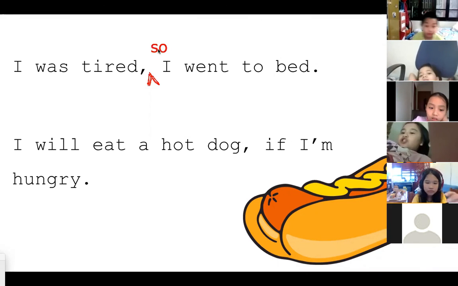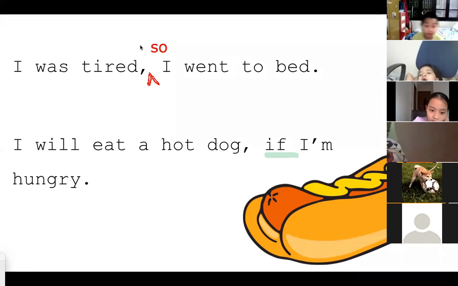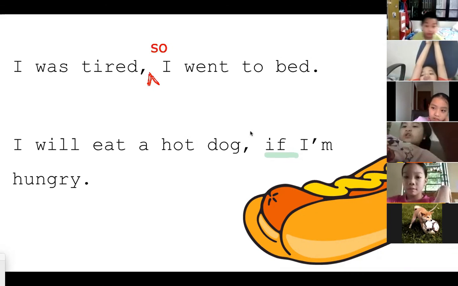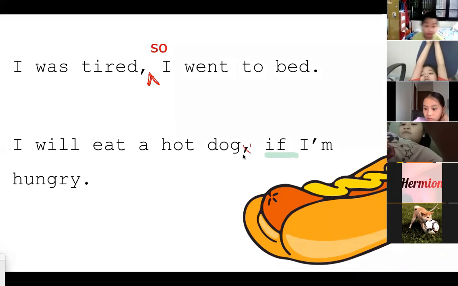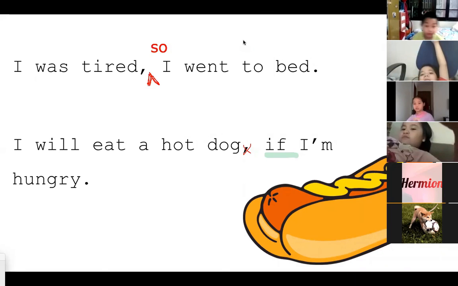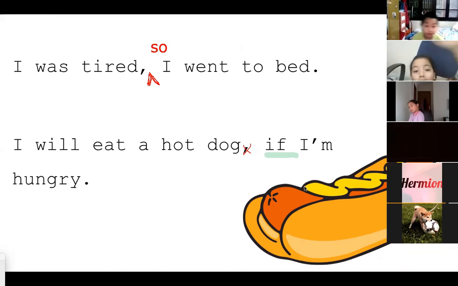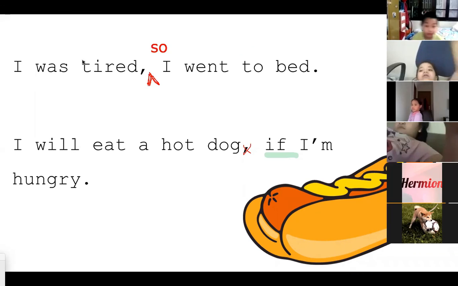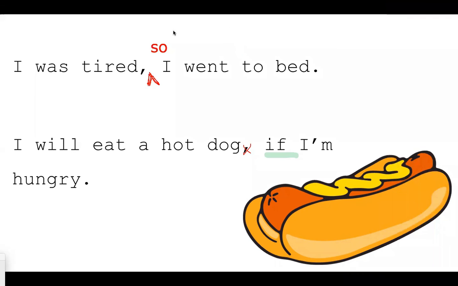Is that at the beginning, the middle, or the end of our sentence? The middle. It's in the middle. Do we need a comma? No. So what do we need to take away here? The comma. We need to remove our comma. We do not need it. I will eat a hot dog if I'm hungry. Right? So when our subordinating conjunction is in the middle of our sentence, no comma is needed.